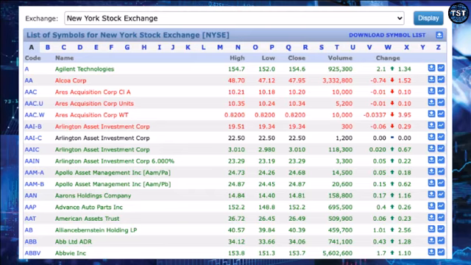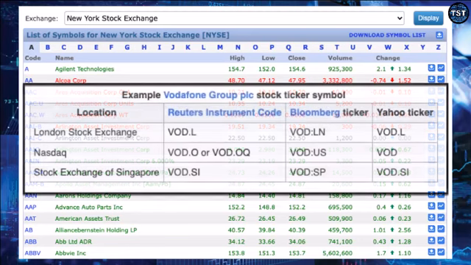In Australia, for example, the symbol for A2 Milk Company is A2M, and for the mining company South 32 Limited, the symbol is S32.